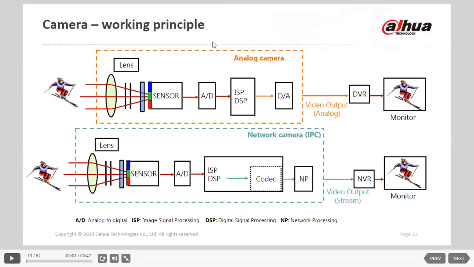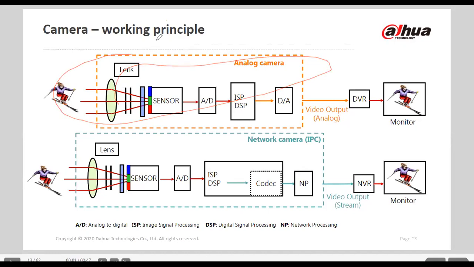The general working principle of a camera is that the lens will focus the images to the sensor. Then the captured image in the sensor is converted to a digital signal for processing.